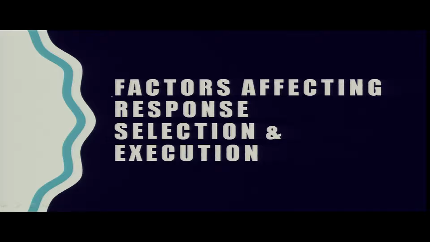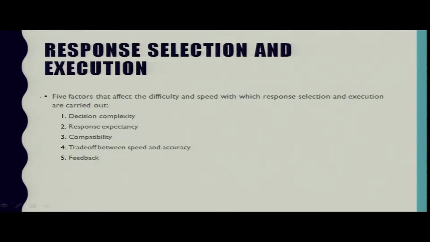As a next topic, we are going to discuss the factors affecting response selection and execution. There are 5 factors which seem to be especially important in affecting the difficulty and the speed with which response selection and execution is carried out. These are the factors.